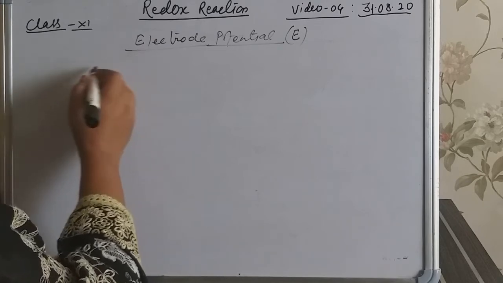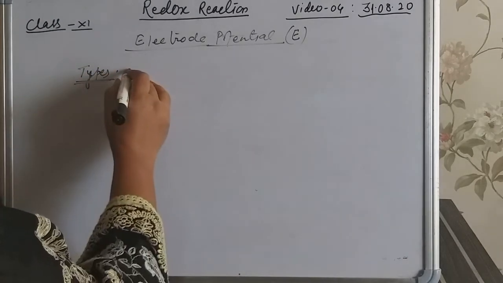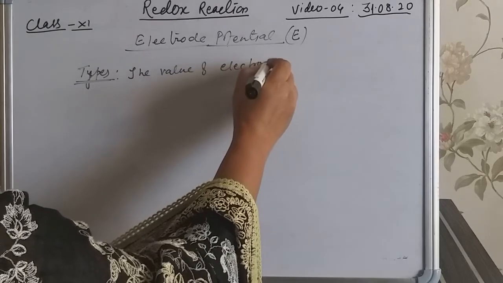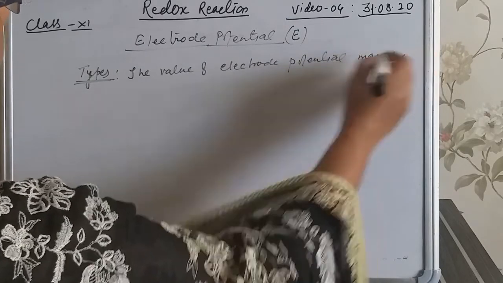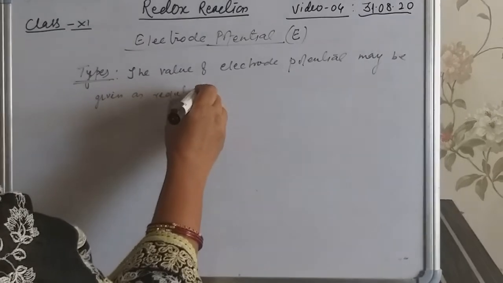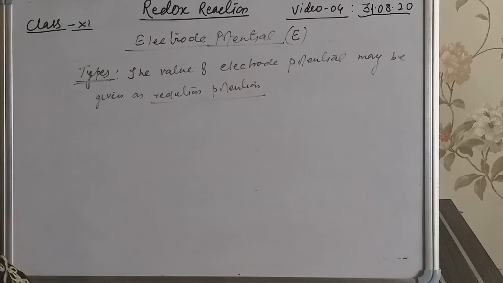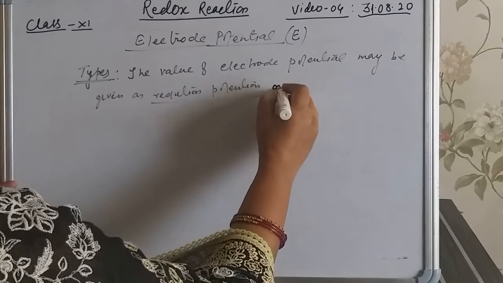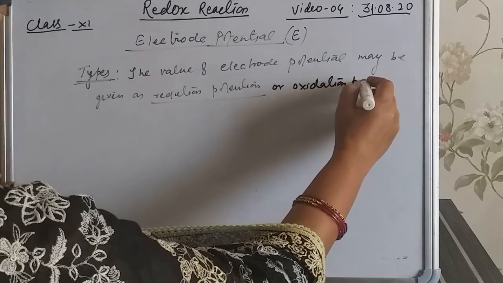So, types of electrode potential: the value of electrode potential may be given as reduction potential or oxidation potential.